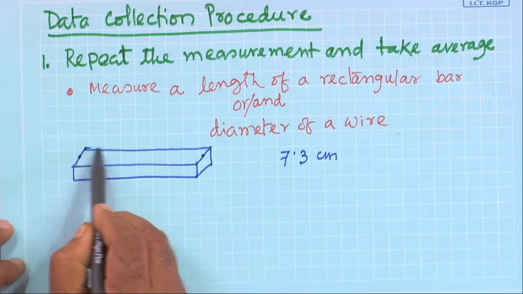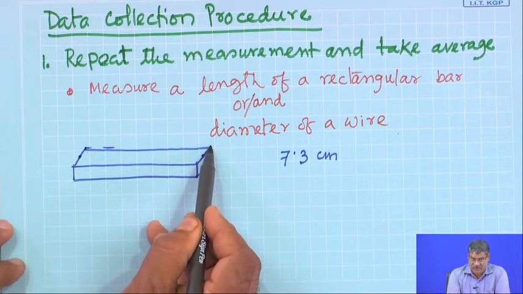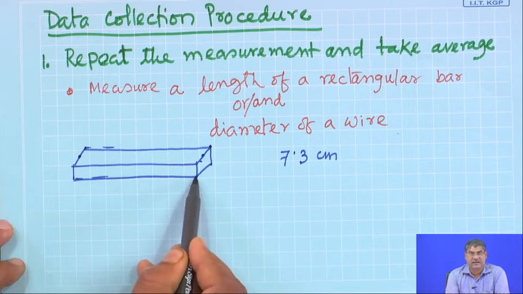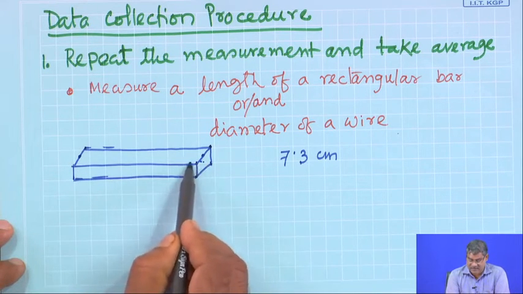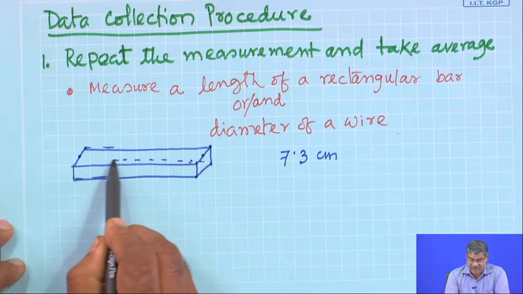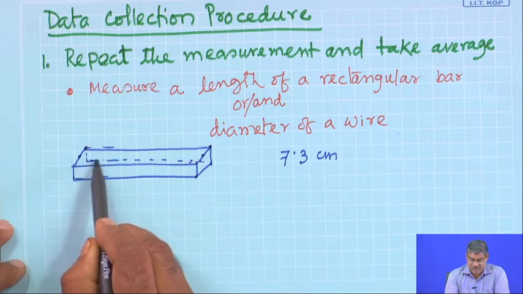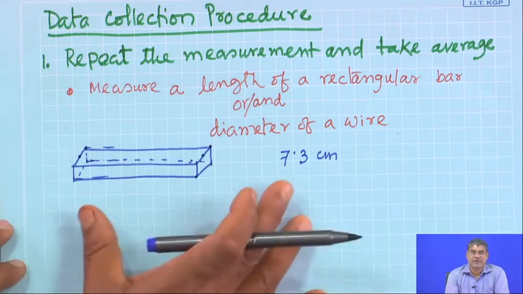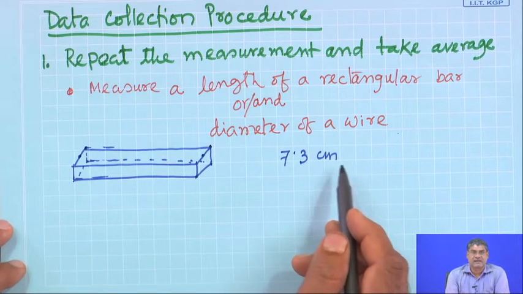That is why we say, take the measurement along the edges. There are 4 edges. This is one edge, this is another edge, this is the third edge, and here is the fourth edge. Along the 4 edges you measure and take the average.